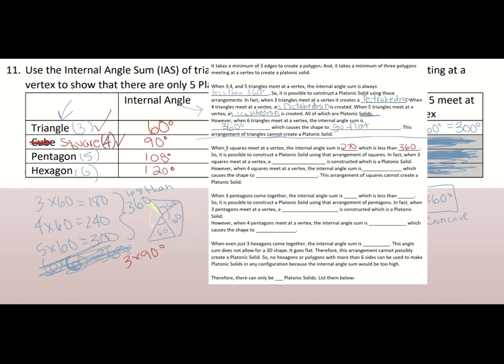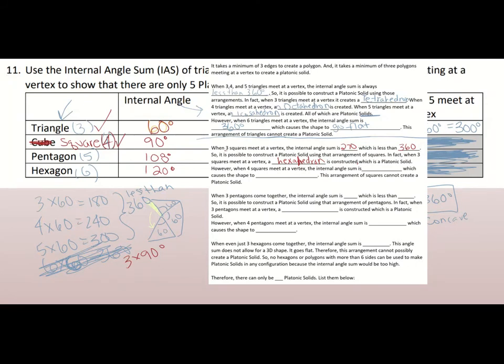So it's possible to construct a Platonic solid using that arrangement of squares. In fact, when 3 squares meet at a vertex, a hexahedron, a 6-sided 3-dimensional figure, also called a cube, is constructed, which is a Platonic solid.